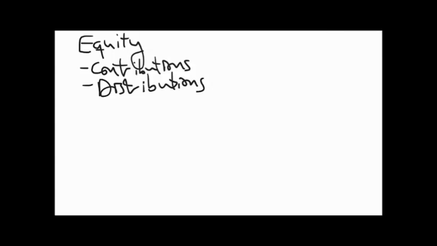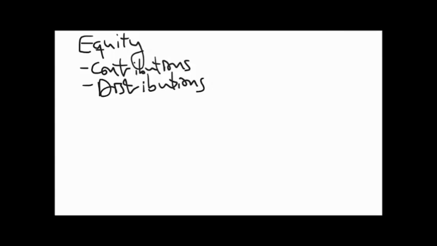Depending on the type of legal entity that your business is, the names for these accounts might be different. You might be calling these capital stock and additional paid-in capital. You might be calling them contributions and distributions. Your naming conventions might be different, and how you structure them and use them may be a little different.